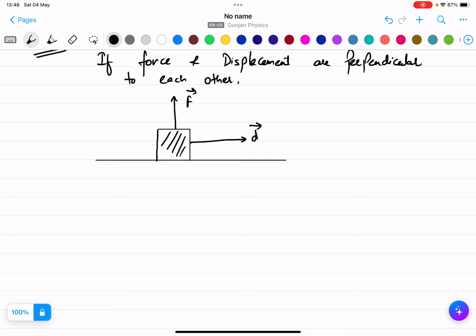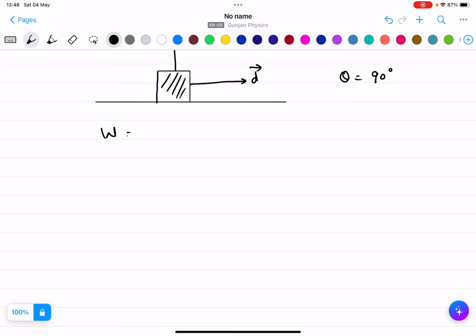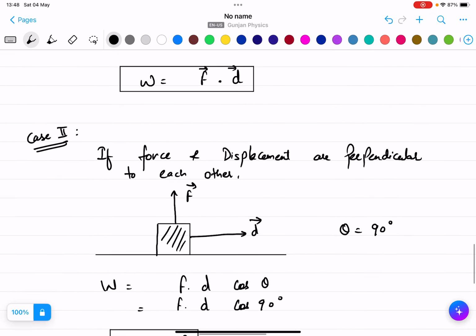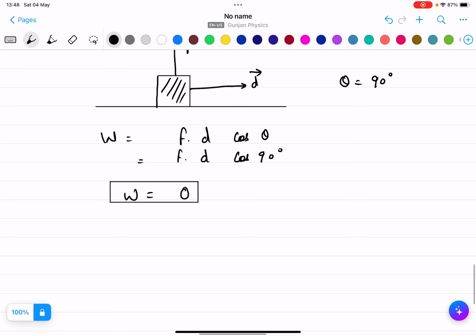The angle they create is 90 degrees, so theta equals 90 degrees. Work done is F D cos 90 degrees, and we all know cos 90 is 0. So work done is 0. When they are perpendicular to each other, there is no work done. So it is the minimum work done.